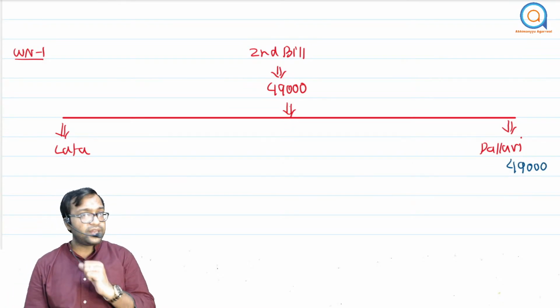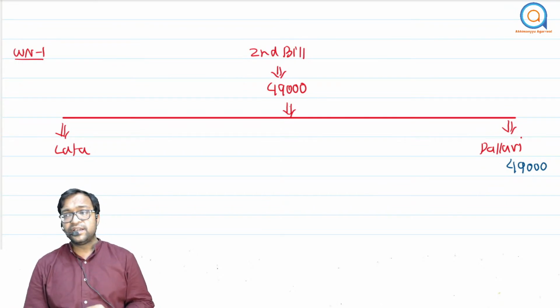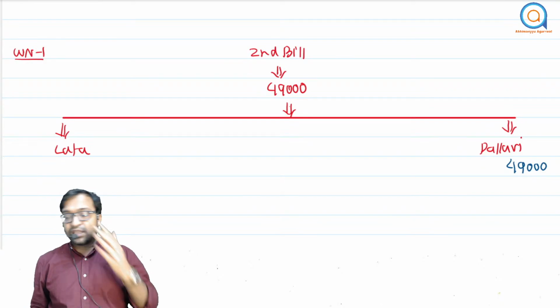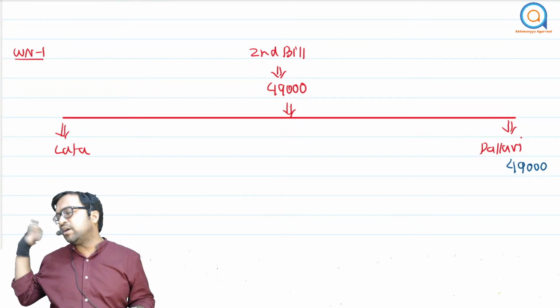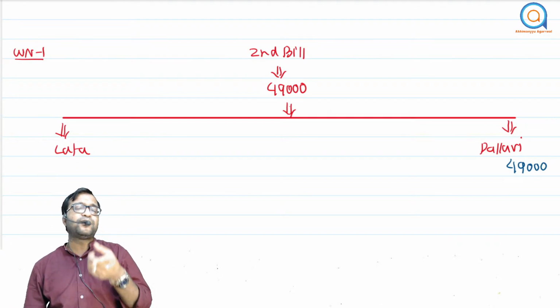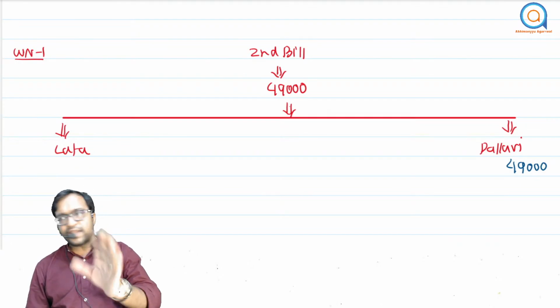Now try to understand how this money is being used. When the first bill was paid, 40,000, 10,000 was paid by Pallavi from her pocket. But 30,000 which was supposed to be paid by Lata, Lata has not paid.